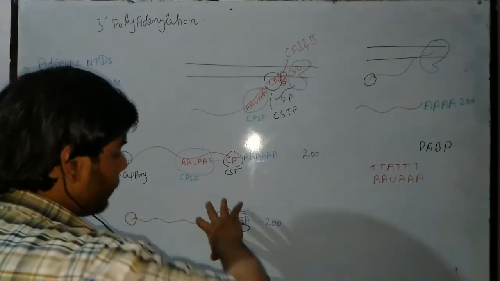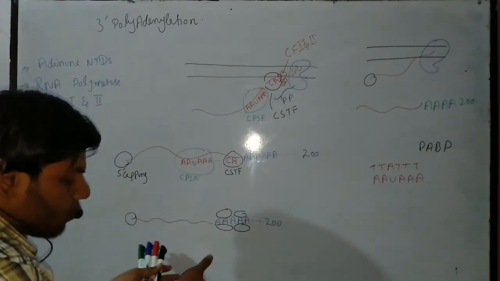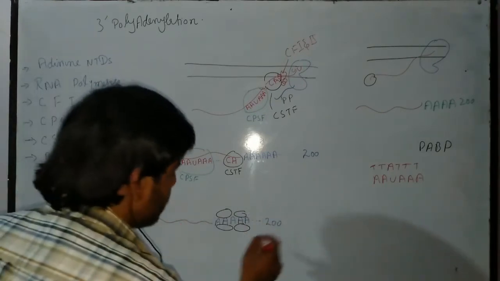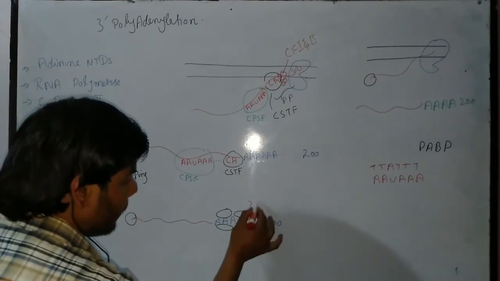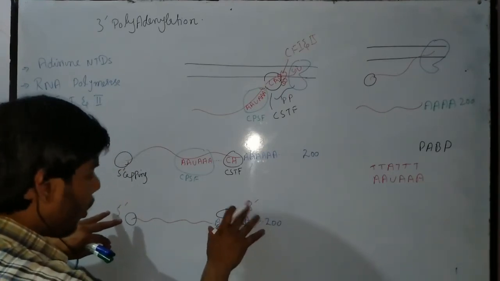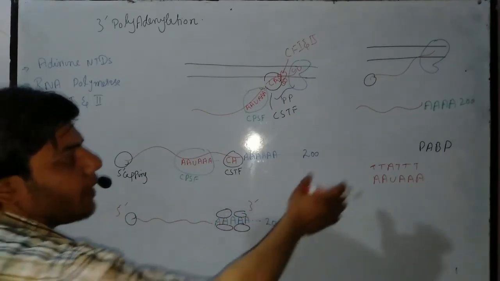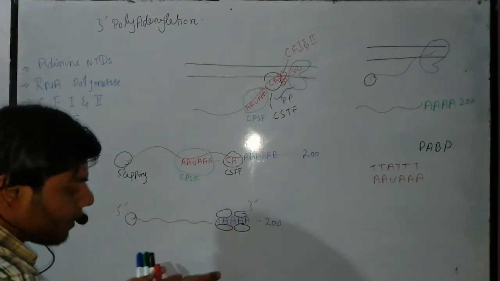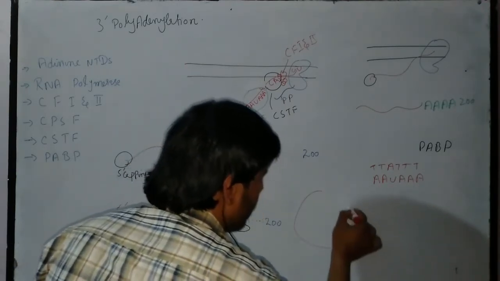It will bring this 3' area and the 5' area closely to each other, as you can see. So this is the 5' area and this is the 3' area. The 3' polyadenylation area, or poly A tail, and the 5' capping come closer to each other by this PABP protein. And when they come closer to each other, we get a circular RNA in this form.